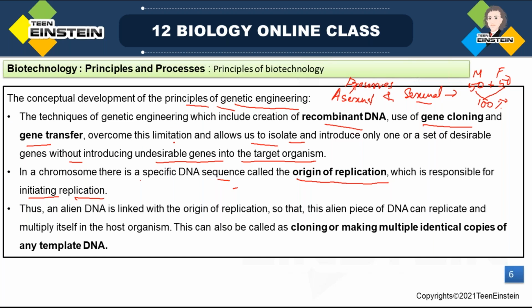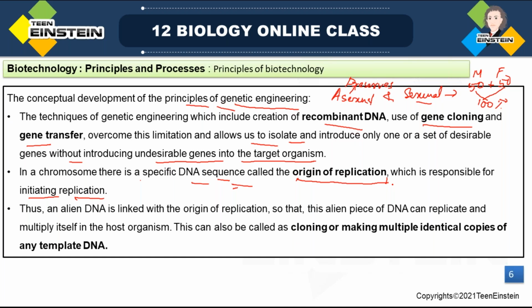This is a one mark question, and for NEET also this is important. It is the specific DNA sequence which is responsible for the initiation, or the starting, of replication. That is called the origin of replication.